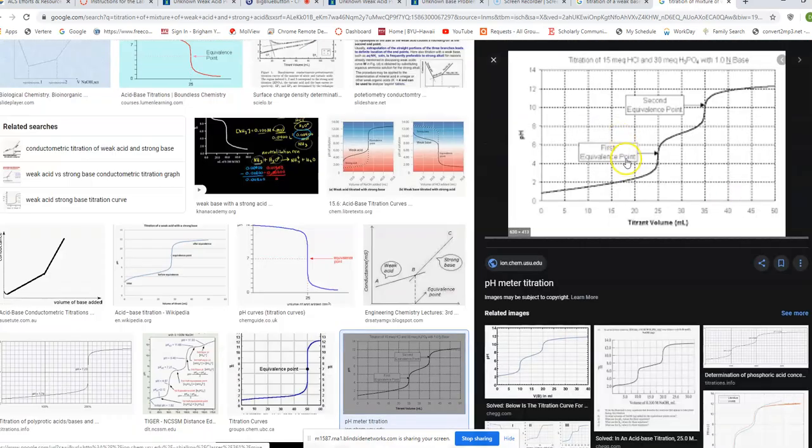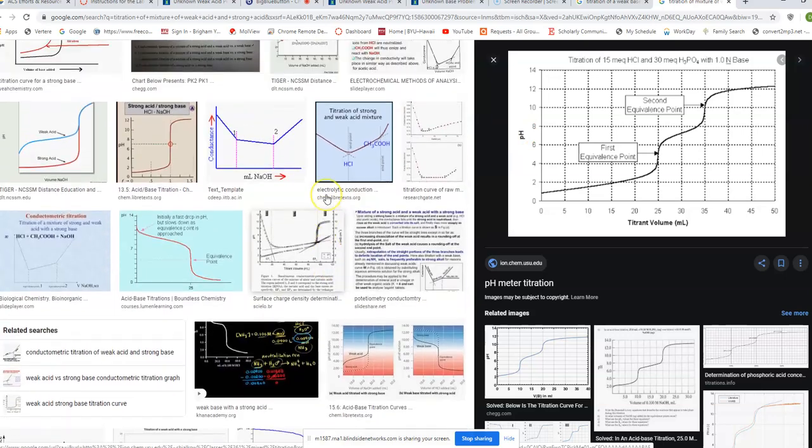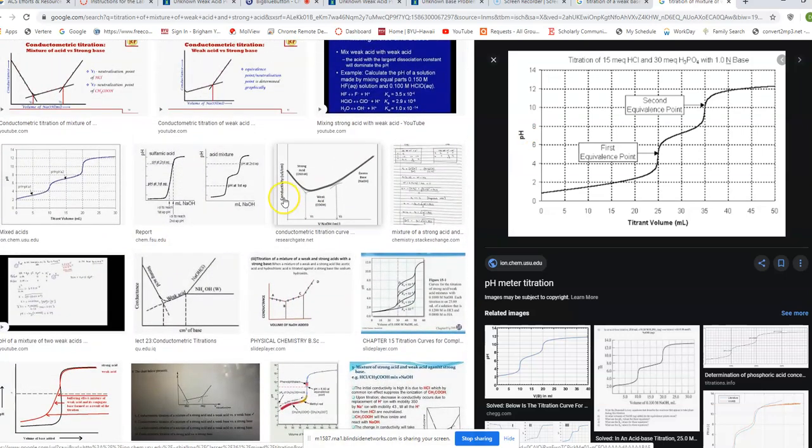This one's probably one of the best. We're going to consume one of the acids first, and then we're going to consume the second acid later. Okay, so the titration is going to have two bumps like this for the mixture of a weak acid and a strong acid.